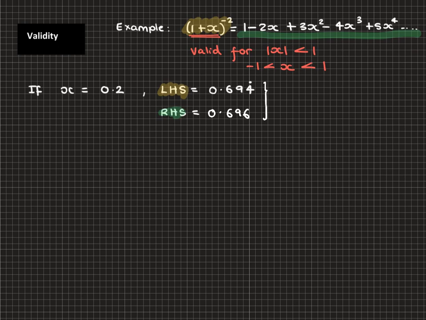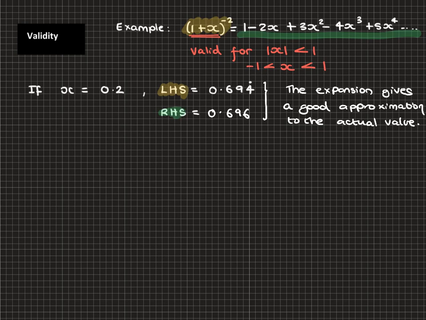The more terms you include, the better the approximation you have for your original algebraic expression. We've got 5 terms, and with just 5 terms, you can see when x equals 0.2, the expansion gives us a good approximation to the original function.